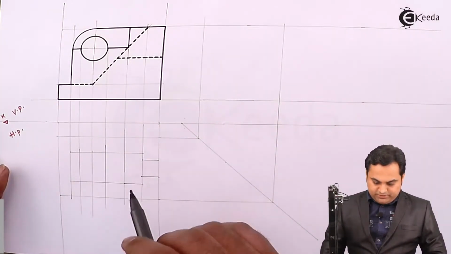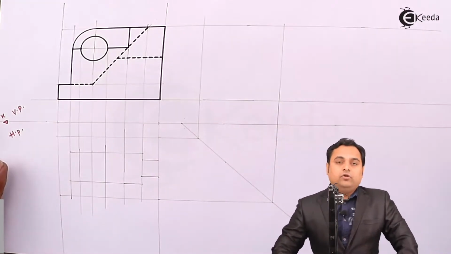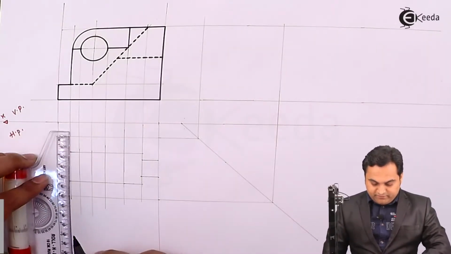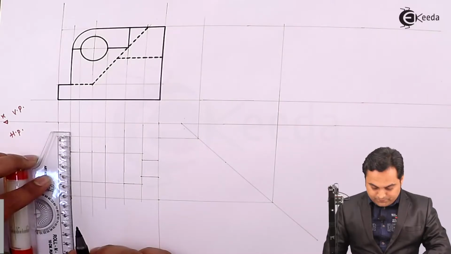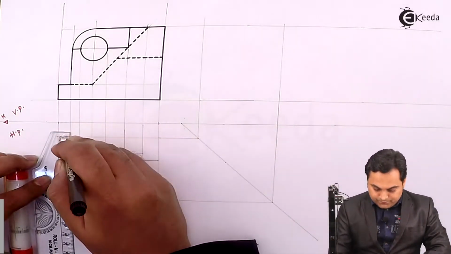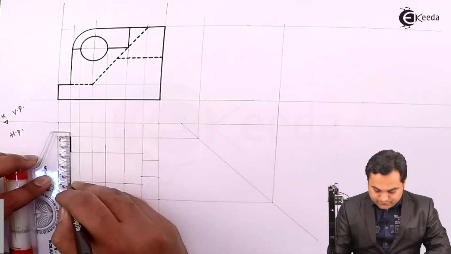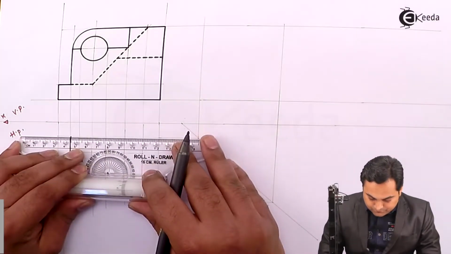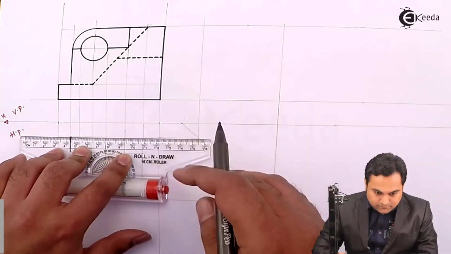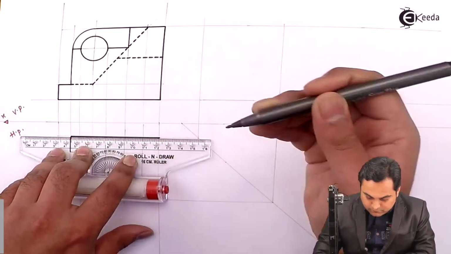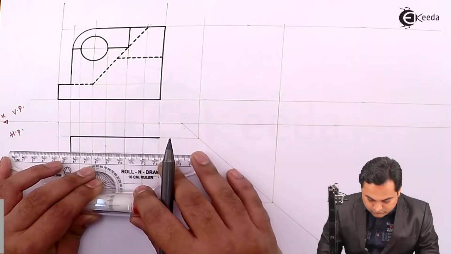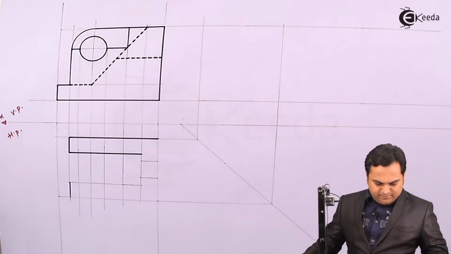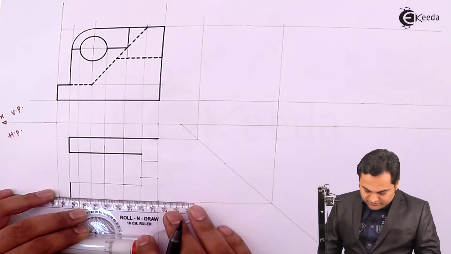Now after reaching up till here, I'll start making it dark so that we don't have any confusion while drawing it further. So first, when I've taken 15 mm width, I'll make it dark on both the sides. These are the visible portions which I am drawing. So here I'll be making these surfaces dark.